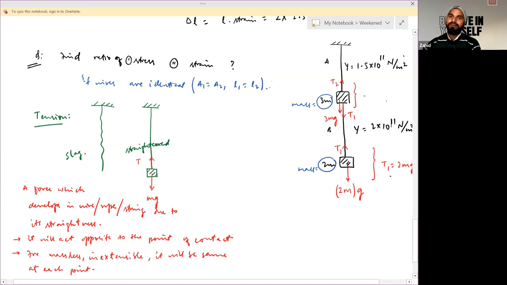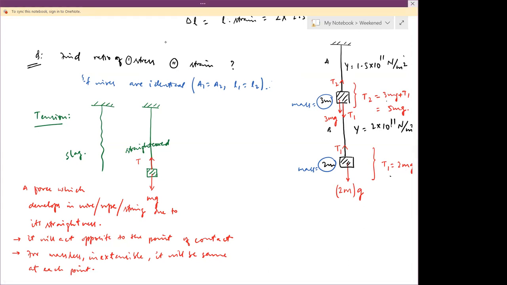From this, we may write T2 equals T1 plus 3mg, and T1 is further equal to 2mg. On combining, the total force will be 5mg. Is it clear now? Yes, sir.